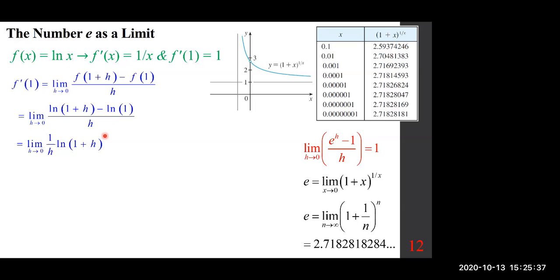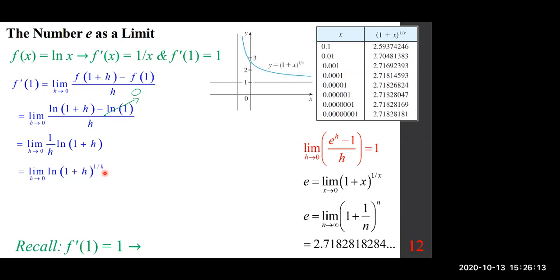Bear in mind again, ln 1 is 0, everybody, okay? And so having said that, because of the logarithmic properties, the coefficient, when it's the exponent, becomes a coefficient, so you can make it a coefficient. And so it practically gives you the answer. We know it's f prime of 1, right? And we know f prime of 1 is equal to 1, so this is the answer, okay?